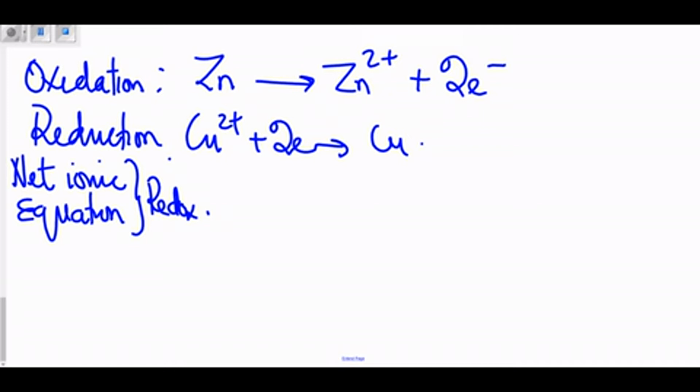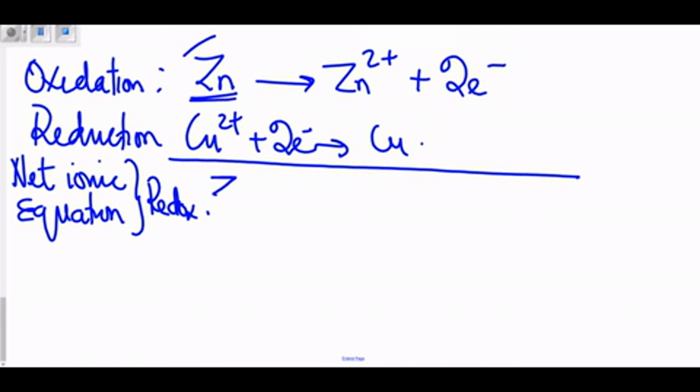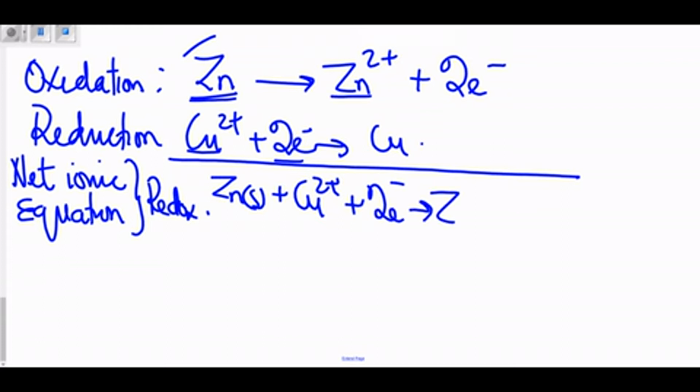Remember we said these are two half cells. Now, what is happening in these two half cells combined together? This is very simple though. We'll look at a more complex example in the next session. All we need to do is to put what's on the left to the left. On the left here we've got zinc, so I'm going to have zinc solid. I have copper 2 plus. I have 2 electrons. Then on the right I have zinc 2 plus, copper solid plus 2 electrons.